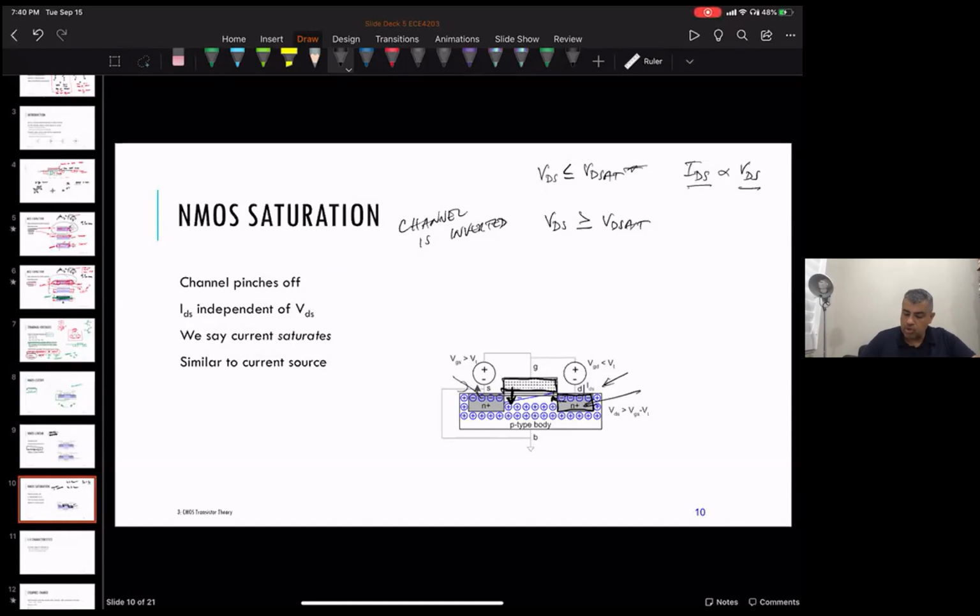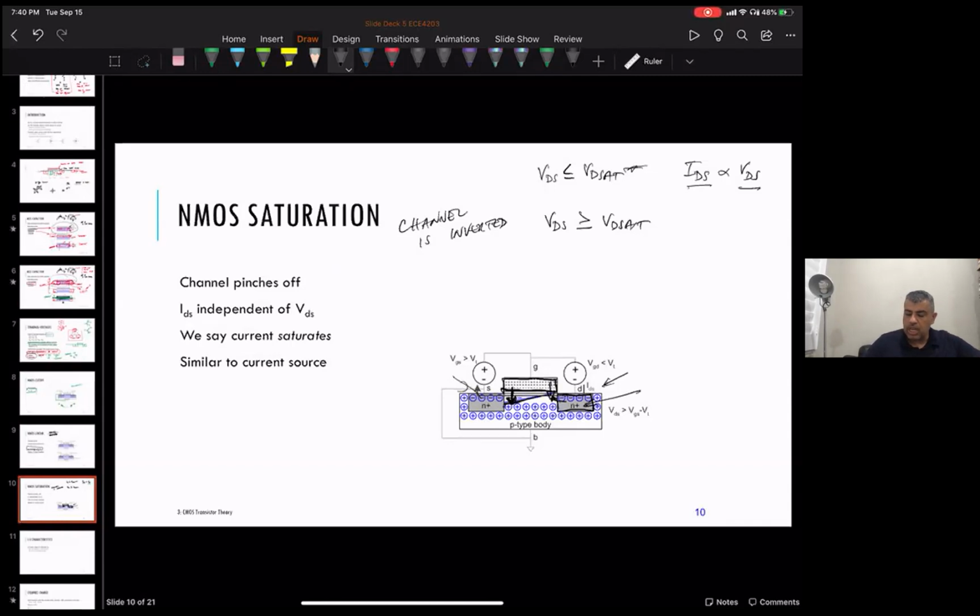Okay, so you have this strong channel here because you have a very large electric field here, but you have a smaller electric field here. Okay, and at some point it sort of pinches off, but because you have enough electric field, and again, this turns into kind of a hand-waving explanation for this class. It'd be sort of more clear if we were in a semiconductor physics class. You basically, the current becomes independent of VDS at a certain point.